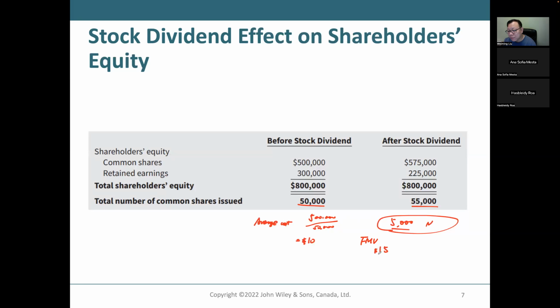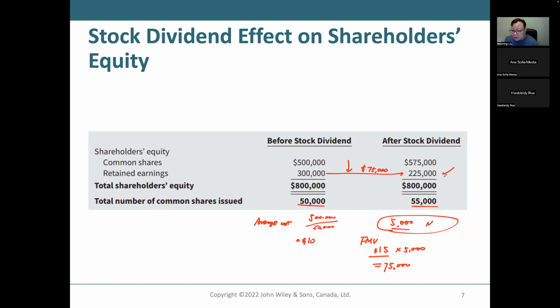So where does this money coming from, right? The dividend comes from retained earnings, right? So your retained earnings decreased by $75,000. And now the balance for retained earnings is not $300,000 anymore. It is 225,000.